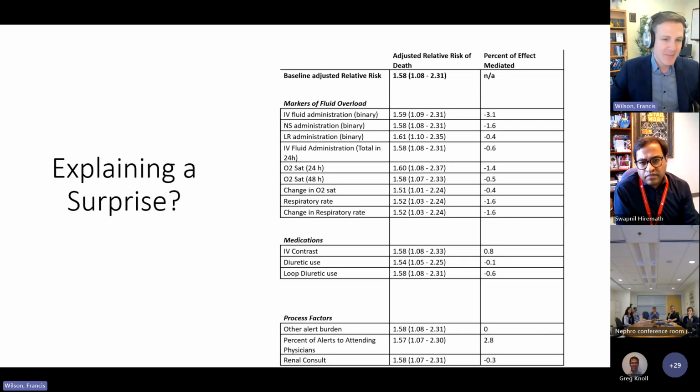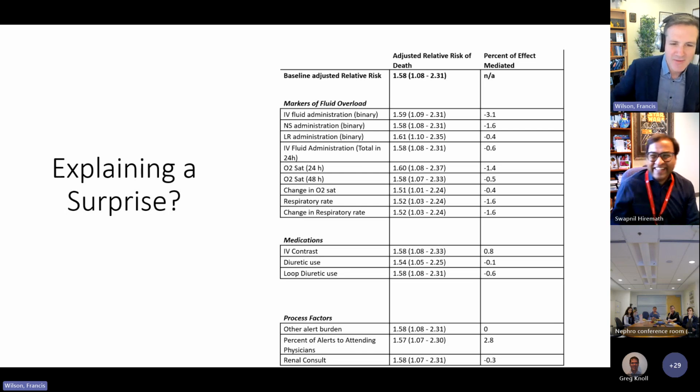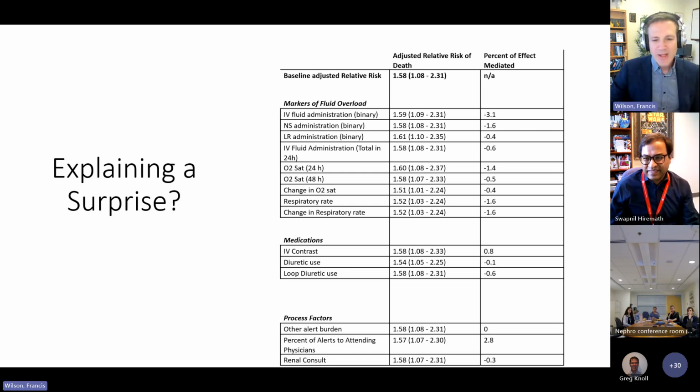So we looked at other things like medications or the avoidance of medications. We looked at process factors, including renal consult. I had read too many James Patterson books and had thought, okay, it's obviously the renal consult is secretly killing people. It was not that either, as you can see here. So I don't have an explanation.